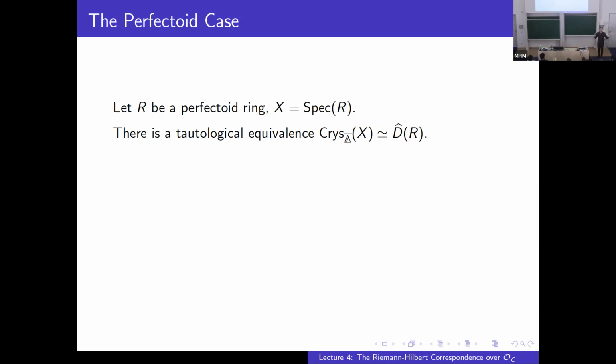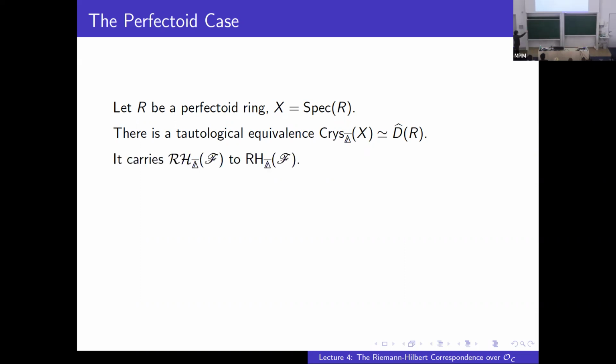But if it's going to be compatible with base change, you don't need to specify it, except in the universal case where R and R prime are the same. So this category is just, by some version of Yoneda's lemma, identified with the p-completed derived category of R itself.